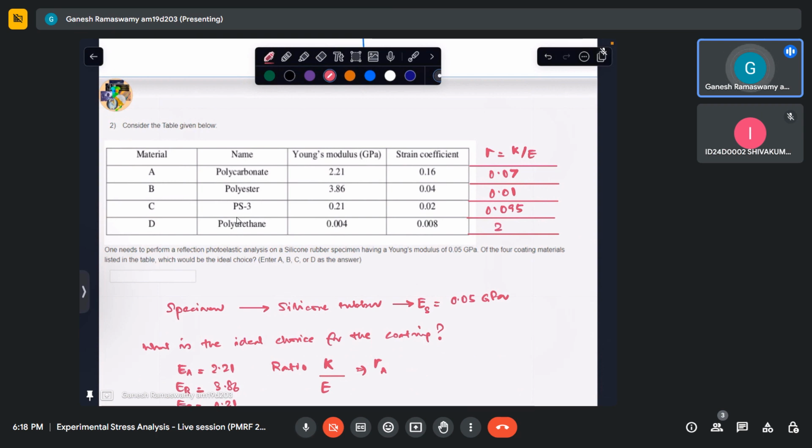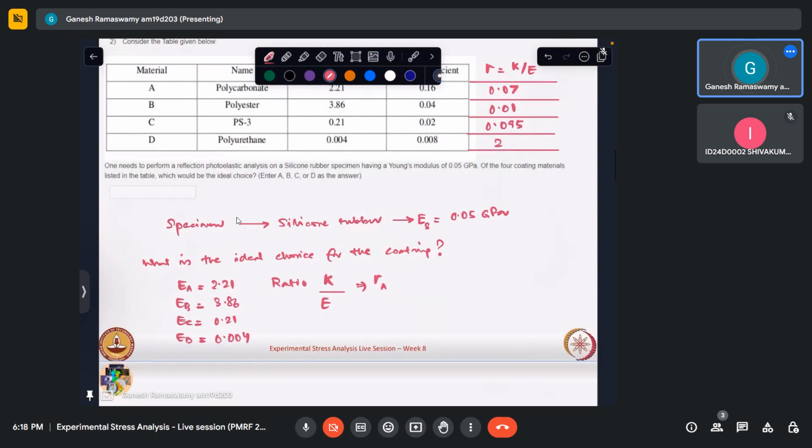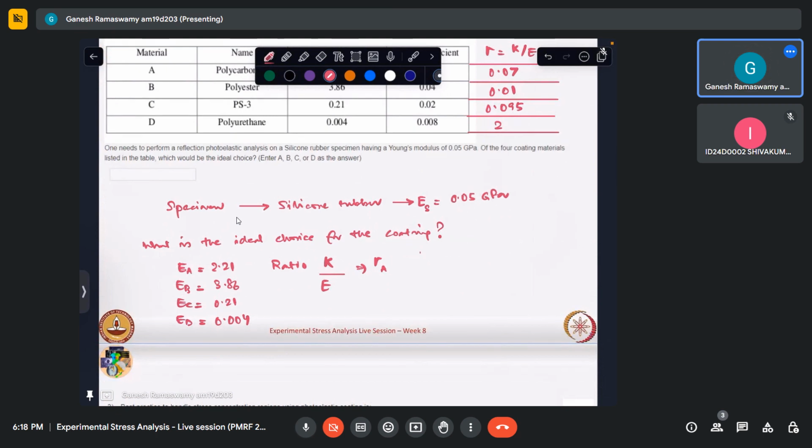So we can see here again that R for D is the maximum. What this implies is this gives the least stiffness, that is the least reinforcement.